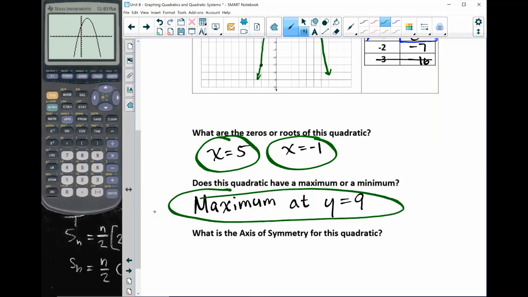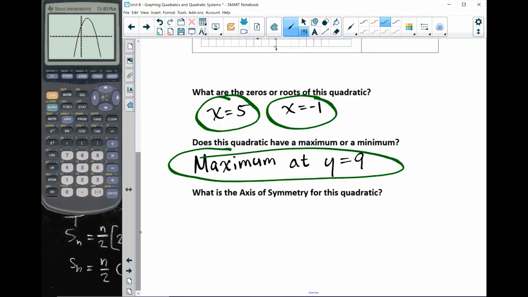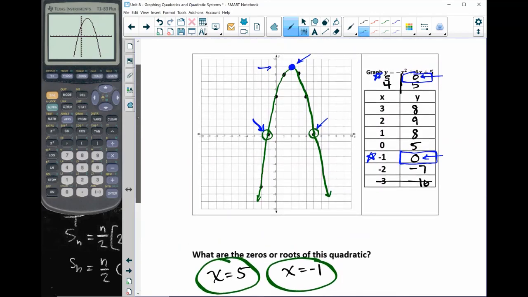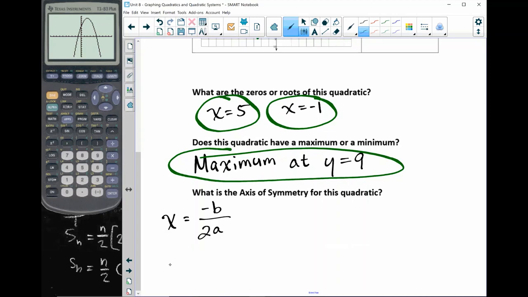Okay, last question. What is the axis of symmetry? Remember, x equals -b over 2a. And my equation is -x squared plus 4x plus 5.